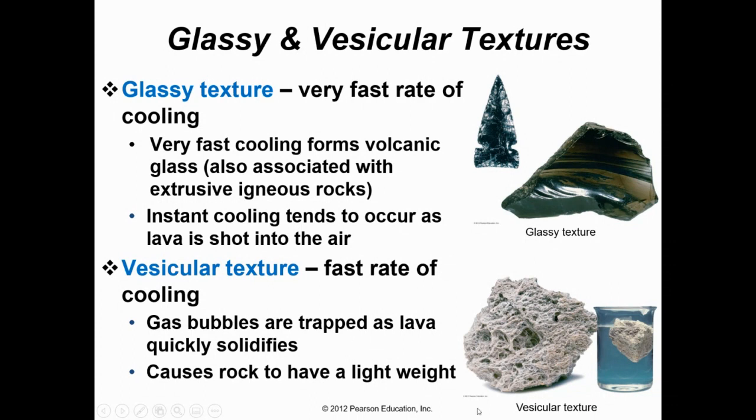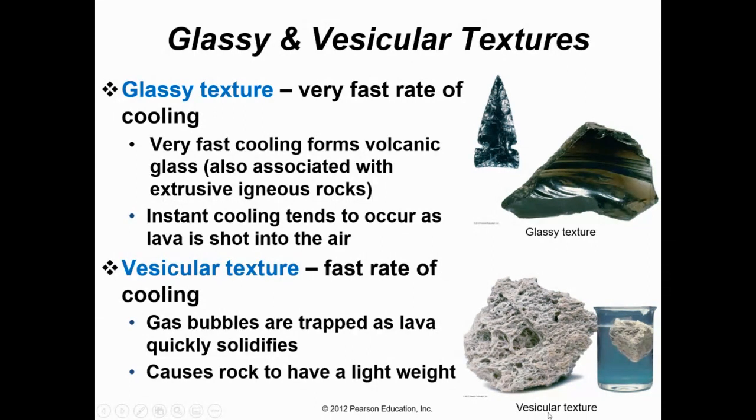Again, because it solidified so quickly, you can't see those with the naked eye either. You would need a hand lens or a microscope to see those as well. But the interesting thing about vesicular texture here, like I said, is the gas bubbles, which is clearly identifiable. That's the easiest way to identify that texture.